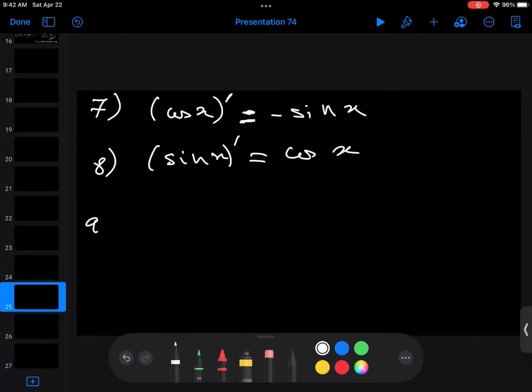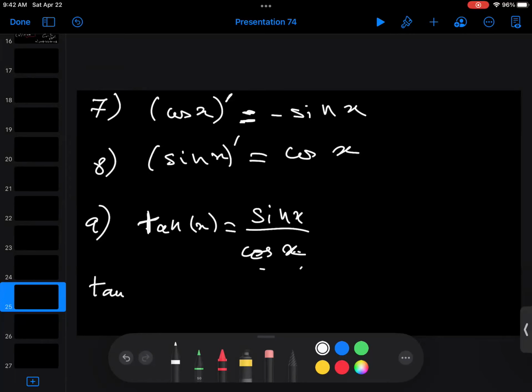And the last example: the tangent of x is defined by sine x divided by cosine of x. Now I will use the formulas of derivatives to compute this function.